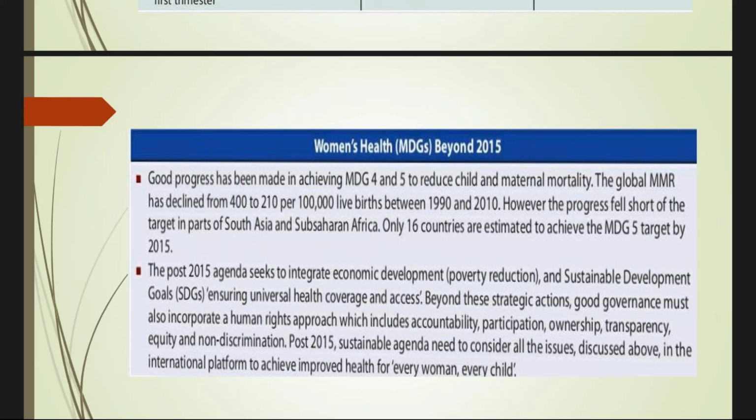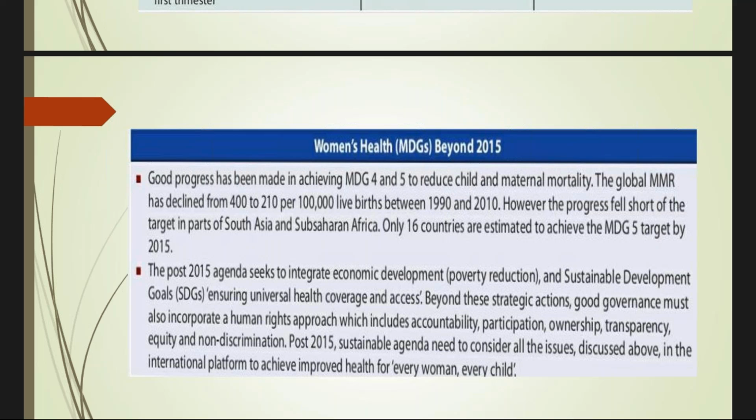So the post 2015 agenda seeks to integrate economic development. Poverty should be reduced, with sustainable development goals ensuring universal health coverage and access. Beyond these actions, good governance must also incorporate human rights, accountability, participation, and ownership. Like we discussed, not only government, other organizations also should take part.